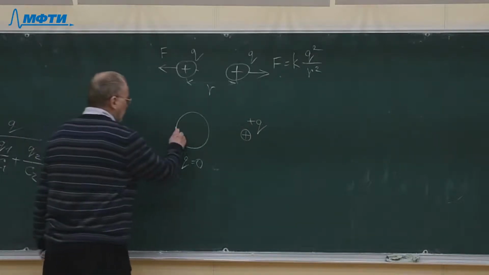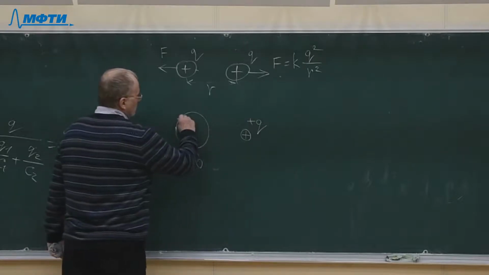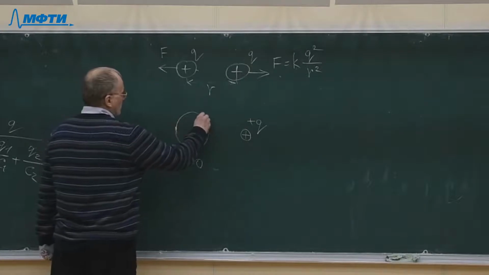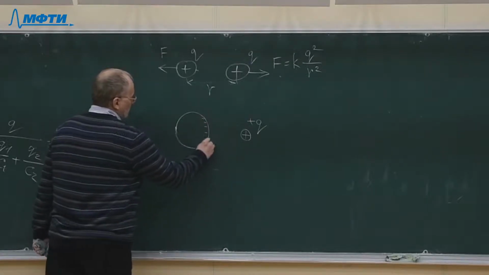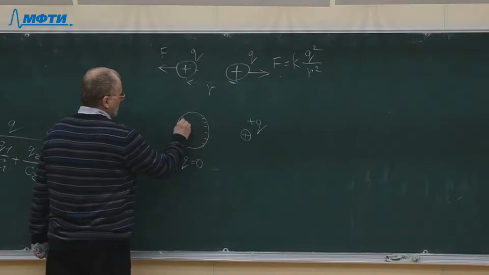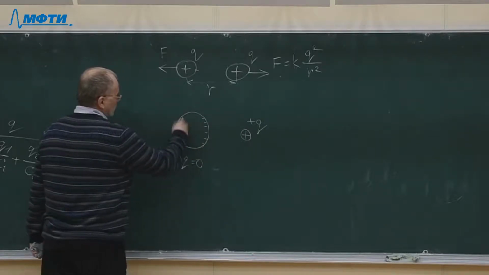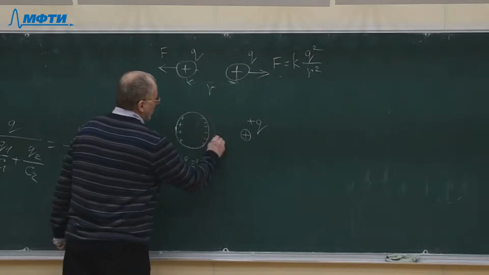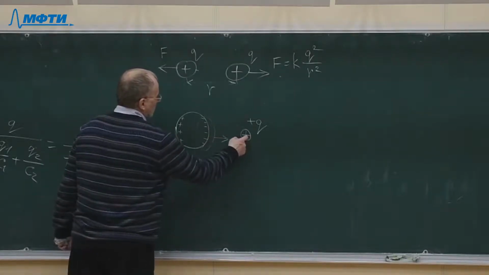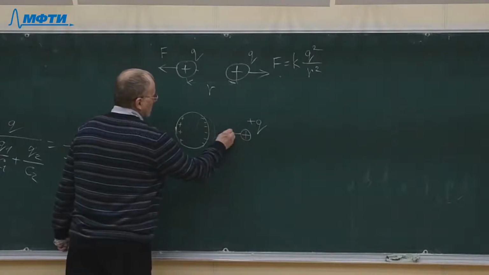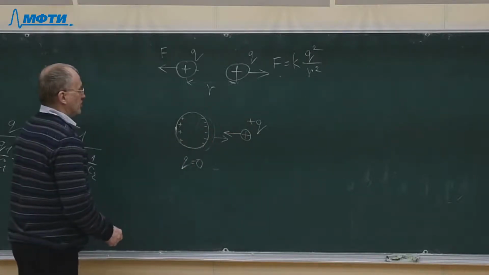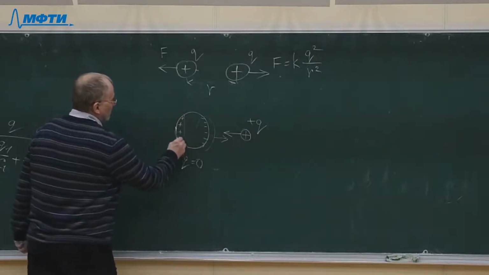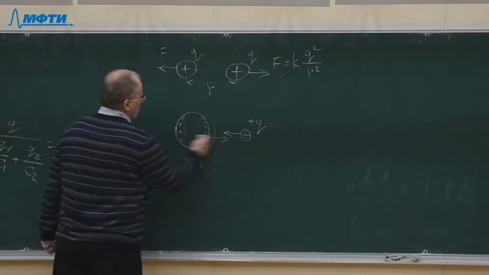If this is a conductor, the electrons will be attracted to the positive charge, so this side of the ball will be charged negatively, and the opposite side will acquire some positive charge. In this case, the negative charge will be attracted to the positive charge, and the positive charge will be attracted to this negative charge. At the same time, this positive charge will be repulsed by this positive charge because like charges repel.